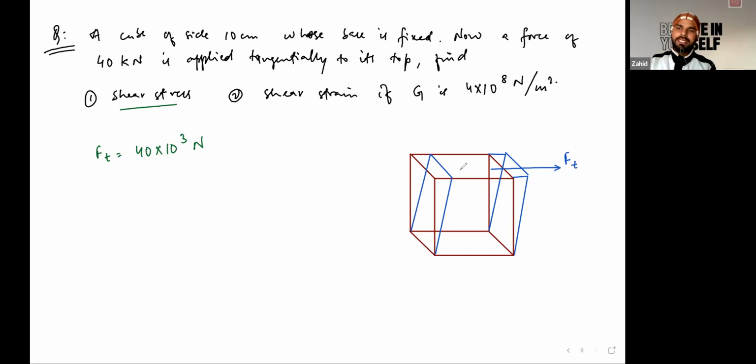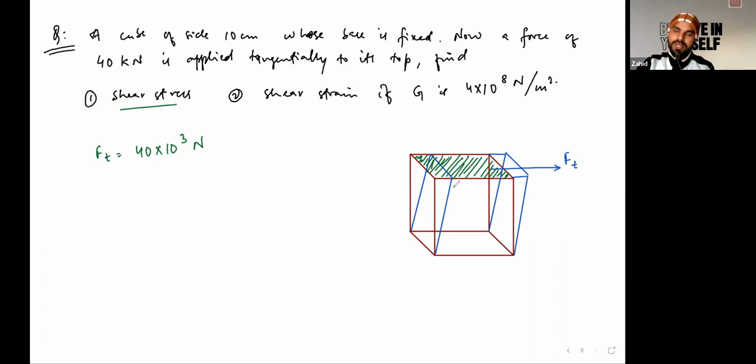How will you calculate the area of this particular surface? You must remember that the face of a cube behaves as a square.